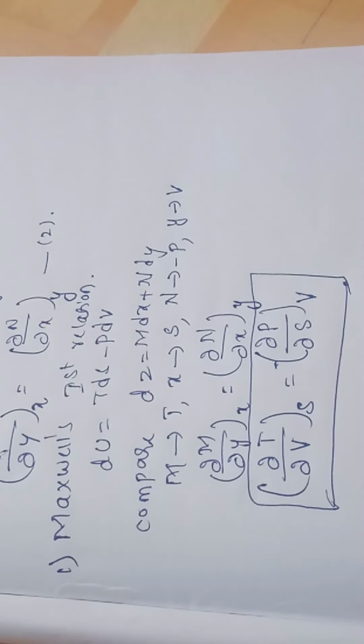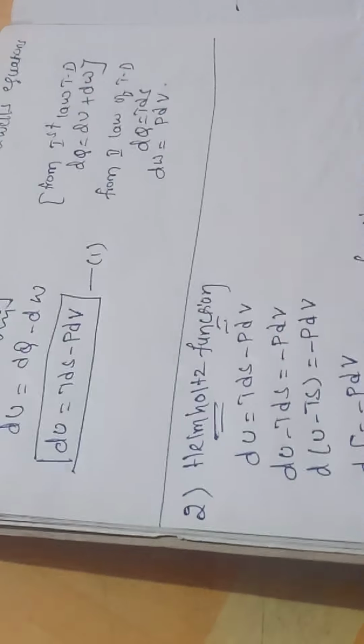In a similar manner, let us derive Maxwell's second relation from the second thermodynamic potential. The second thermodynamic potential is the Helmholtz function: dF equal to minus S dT minus P dV, right?